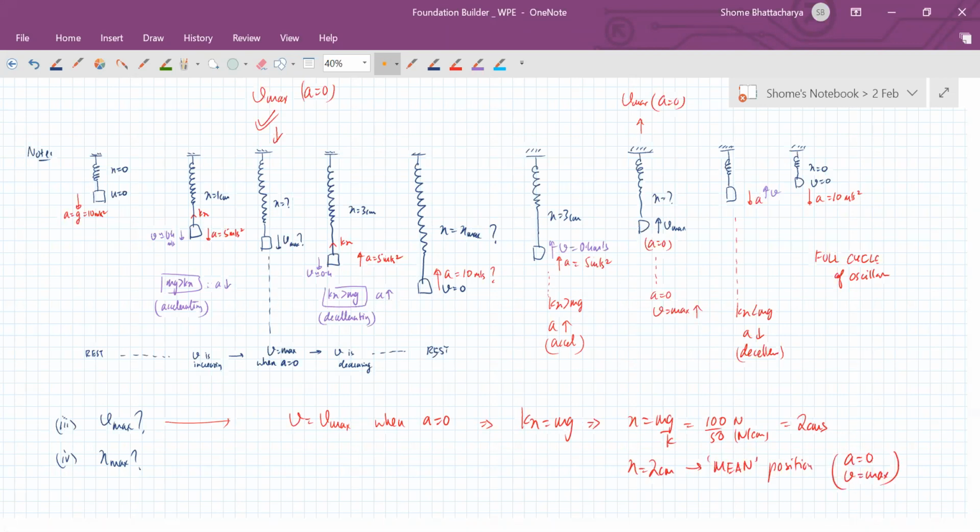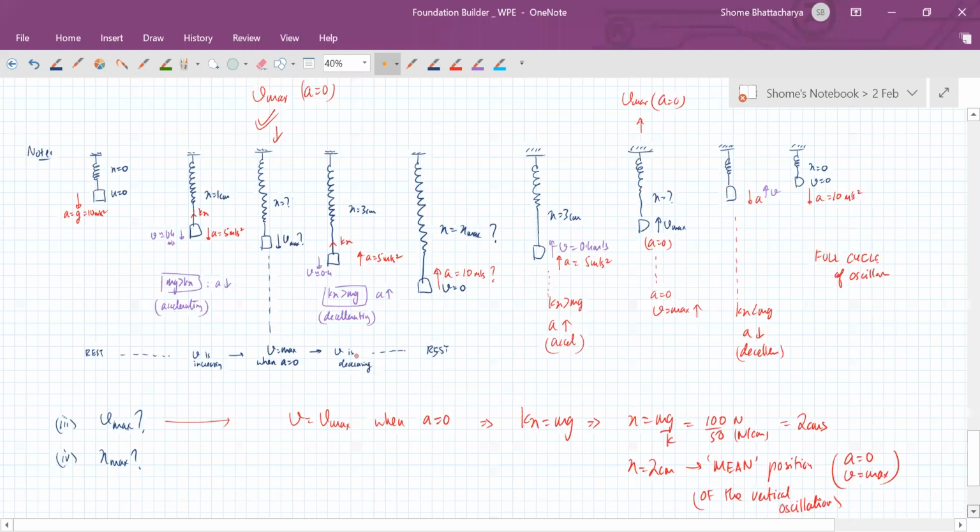In any oscillation, that is called the mean position. So this is the mean position of the vertical oscillation. You can see this block is undergoing a vertical oscillation.